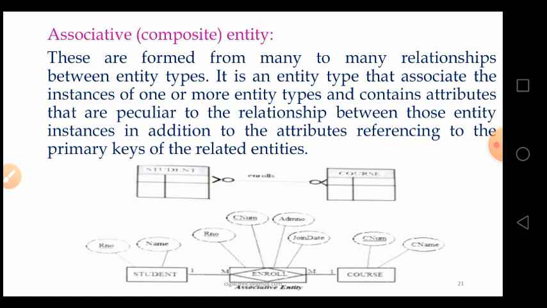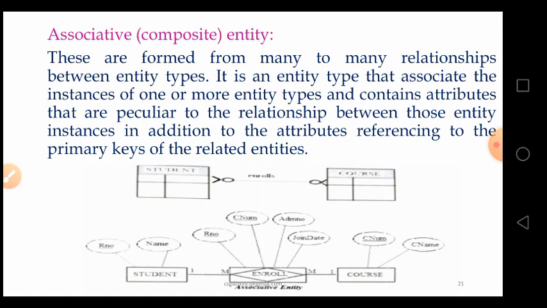It is an entity type that associates the instances of one or more entity types and contains attributes that are peculiar to the relation between those entity instances, in addition to the attributes referencing the primary keys of the related entities.